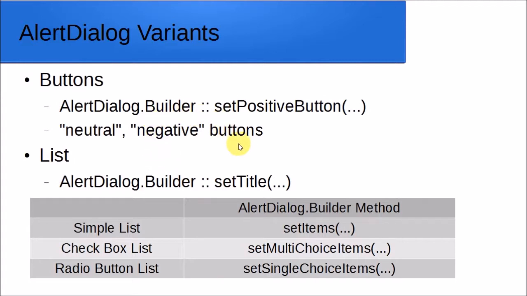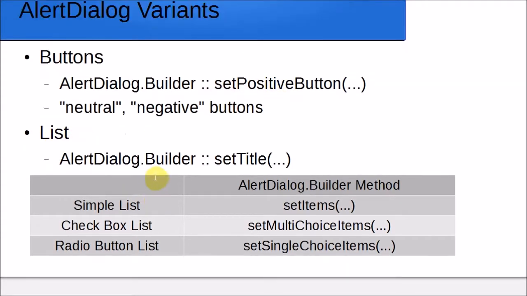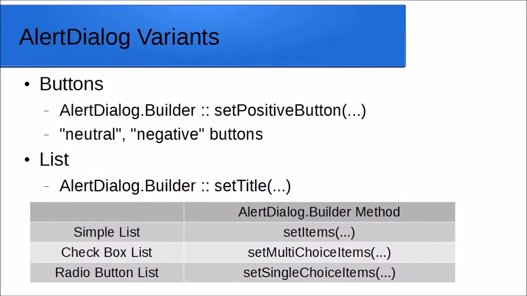So that's adding buttons. You can also have it like a list. If you use buttons, you have up to 3 choices: your positive button, your negative button, and your neutral button. What if you want 4 choices? If you want a 4th choice, you need to go to the list.